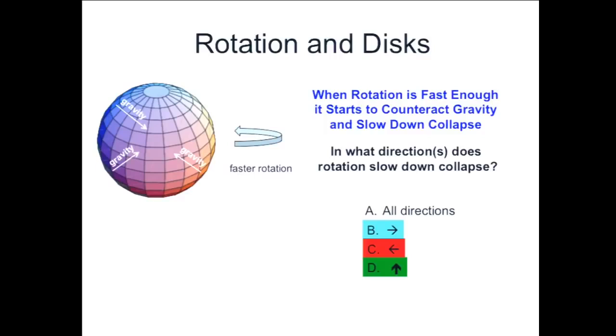Does it halt the gravitational collapse in all directions or only in certain special directions? And if it's in certain special directions, which ones? And again, the key to thinking about this is to be able to visualize the direction that it's rotating in using this right-hand rule idea.